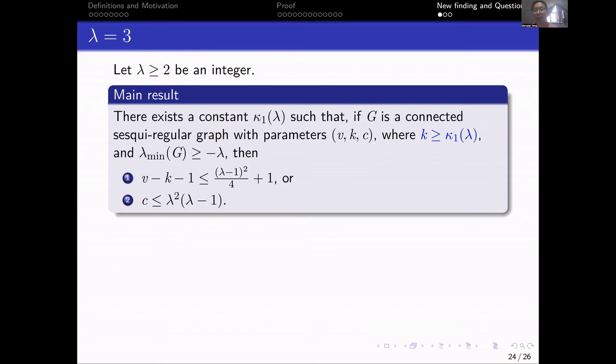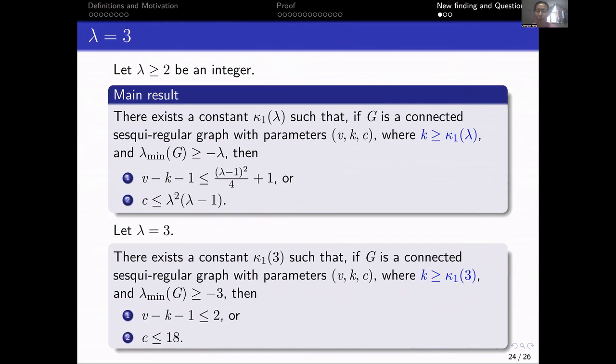For the case lambda is 2, it's related to the line graph, generalized line graph. So we skip the case lambda is 2 and go to lambda is 3, and let's see what will happen.